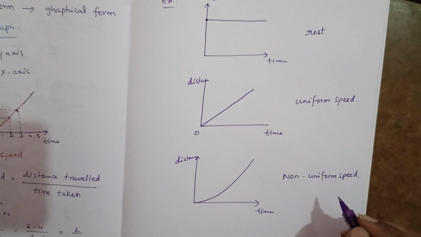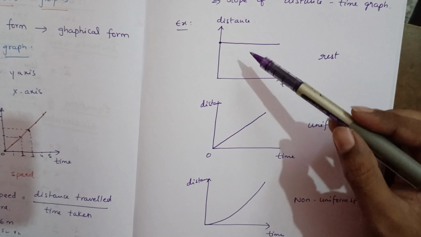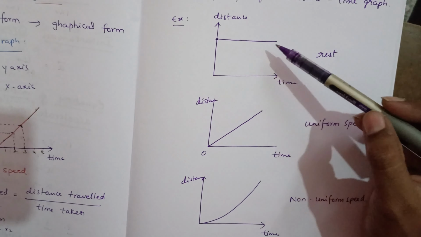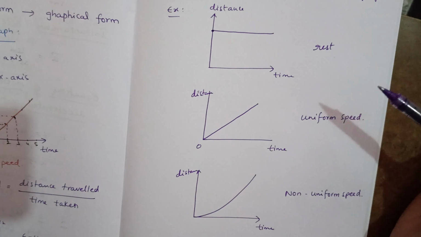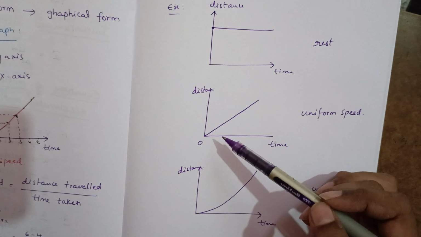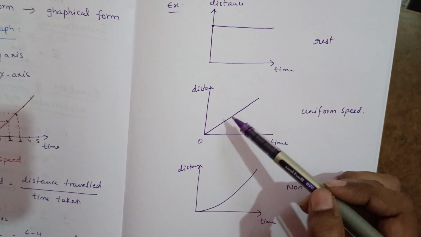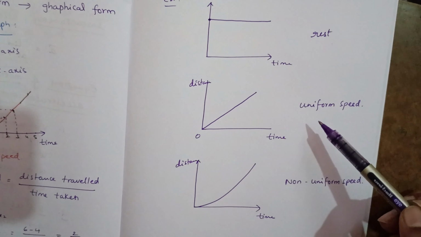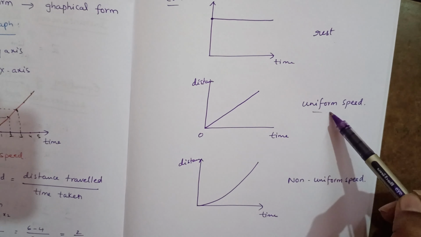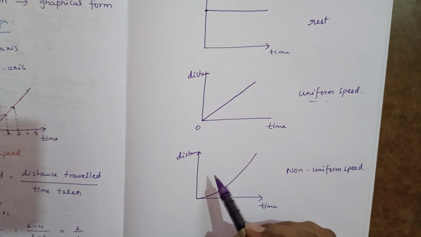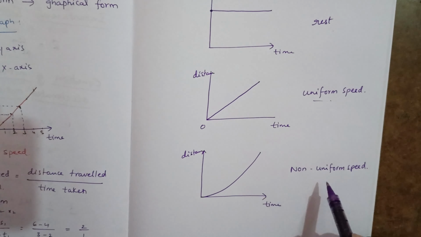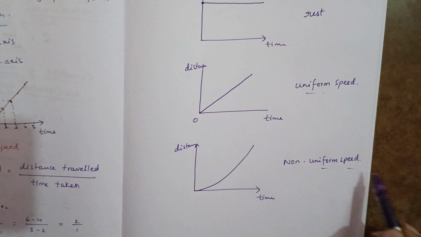Slope of the distance time graph: when the graph is parallel to the time axis, it indicates the body is at rest. When the graph is a straight line passing through the origin, it indicates uniform speed. When the graph is curved, it indicates non-uniform speed.